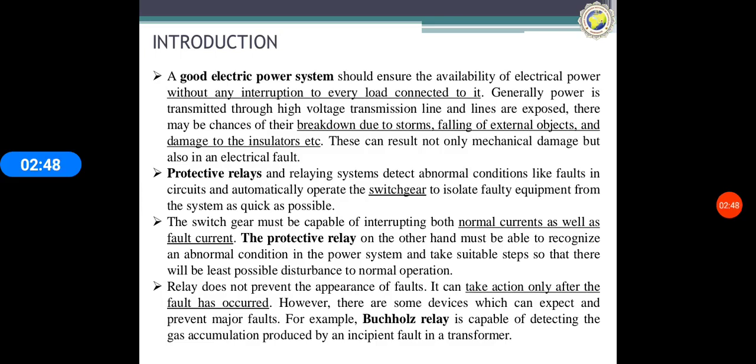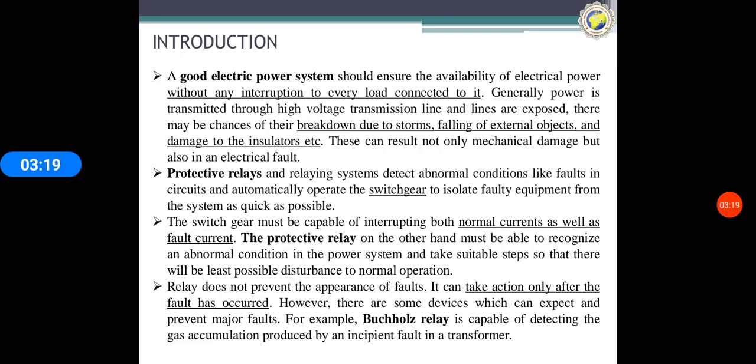Now we can study switchgear and the consumers. First of all, what is a good electric power system? A good electric power system supplies electricity to the consumer without any interruption to every load connected to it. Generally, power is transmitted through different stages, and the high voltage transmission lines are exposed.